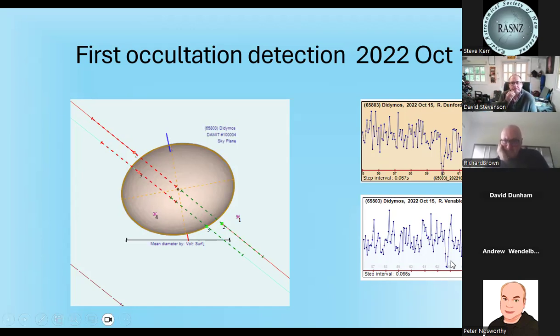But given the importance of it, you've got a light curve, you'll try to get what you can out of it. Here's a plot of Didymos. The shape model is pretty well known, and you can see the uncertainty bars at times are rather large. But it was sufficient to say, the asteroid isn't quite where we were expecting it to be.